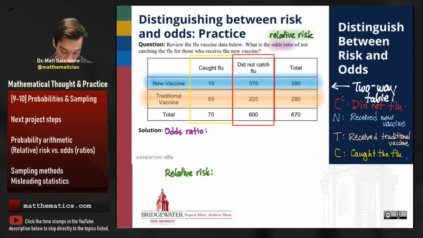Let's start with risk, because this is language that we're more comfortable with right now, because we're used to talking about probabilities. I want to know, first of all, what is the probability, given that I received the new vaccine, that I did not catch the flu?